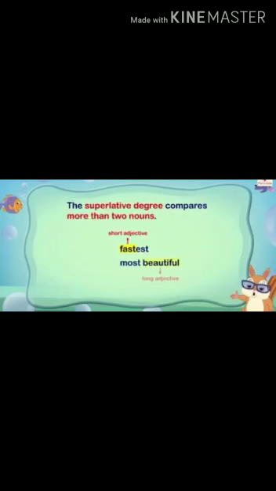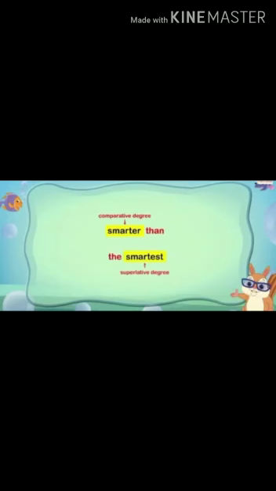And another thing to be noted, children, is that in comparative form, after writing the comparative adjective, we have to write than. That is, if we use the word of comparative form, that is smarter, then we have to write than. So in comparative form, after the adjective, it is followed by than.